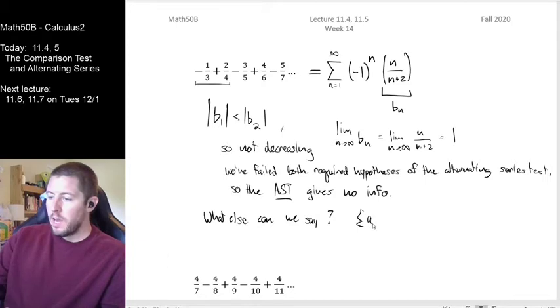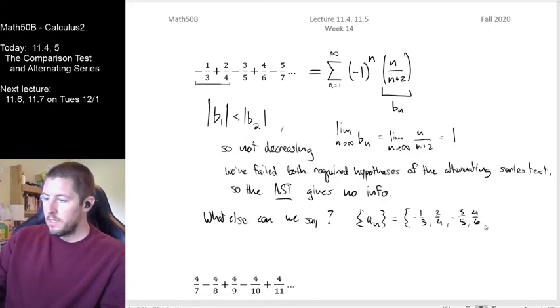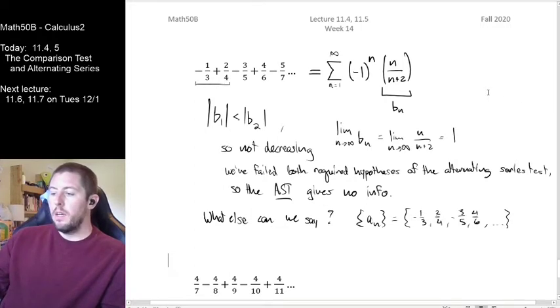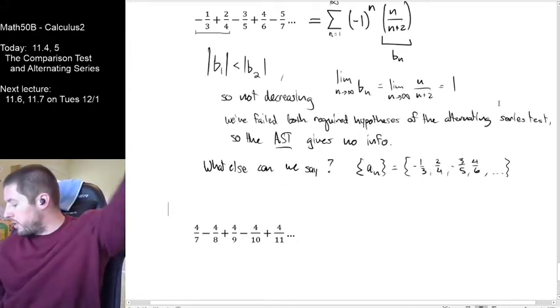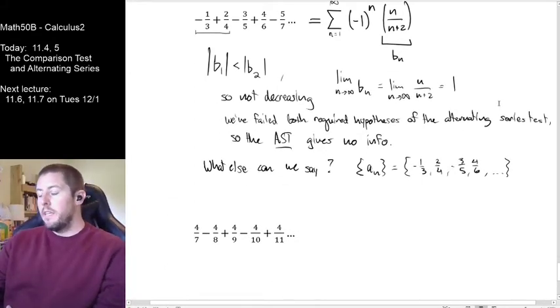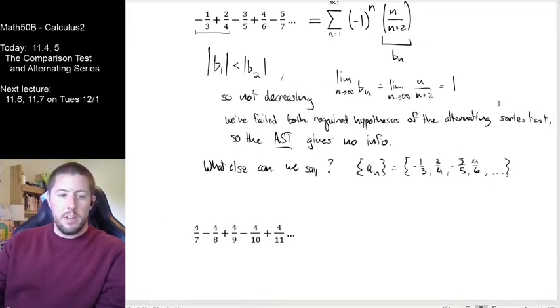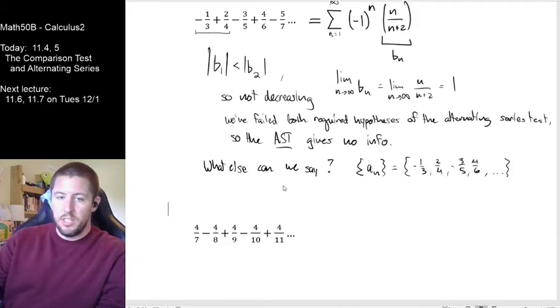If we talked about just the sequence a sub n being exactly what we're looking at here, -1/3, 2/4, -3/5, 4/6, right? What we saw in section 11.2 was that if this sequence does not converge, then the series does not converge, right?